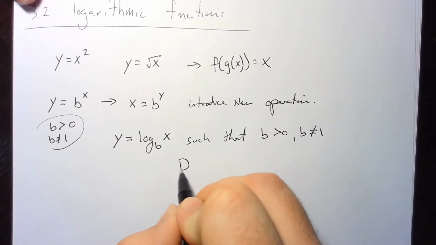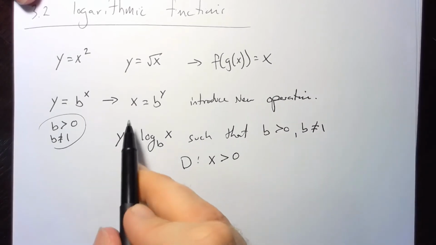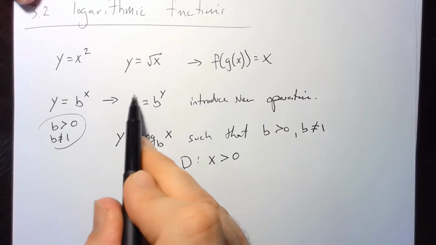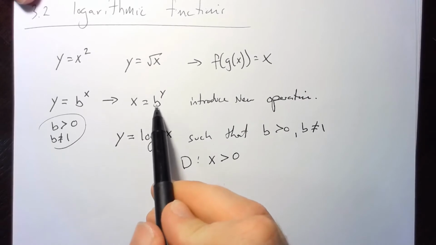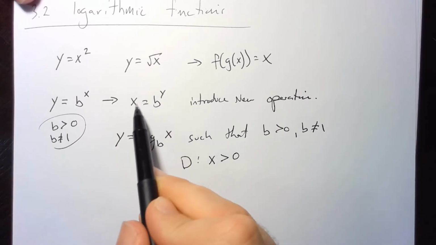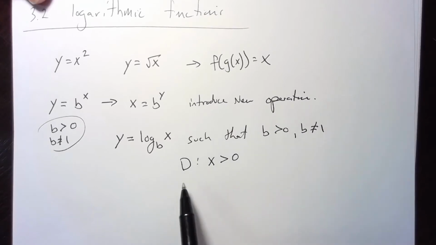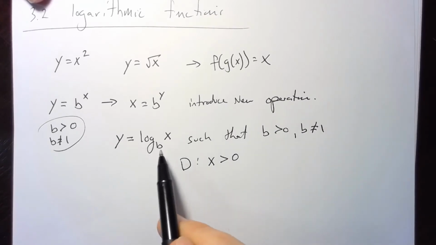So in this case, the domain of this function is x has to be strictly greater than 0. Again, the reason for that is because if this number was negative, there's no combination of b to the power of y that will allow this number right here to end up being negative. So, with that being stated, we have the definition of what a log function is.